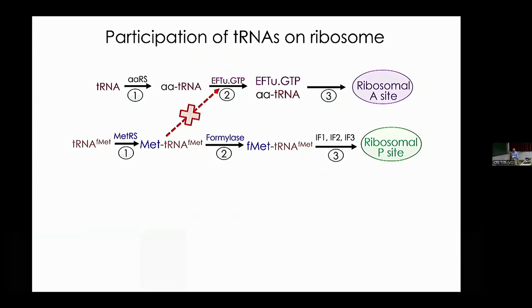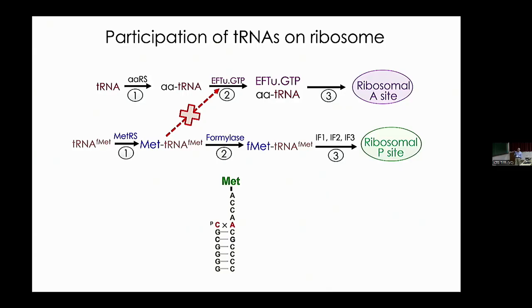What people have conventionally thought is that this tRNA does not bind to elongation factor TU, and therefore it does not participate in elongation. But what I would show you is that, if this tRNA accumulates here and it is not taken to the formylated species fast enough, then some of this tRNA can actually bind to EF-Tu and can actually participate at this step of elongation.